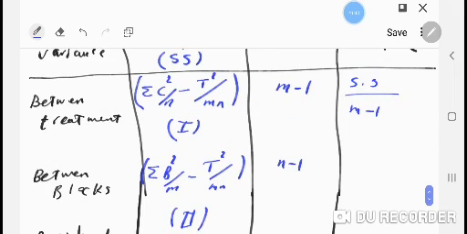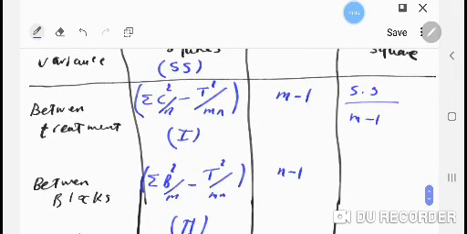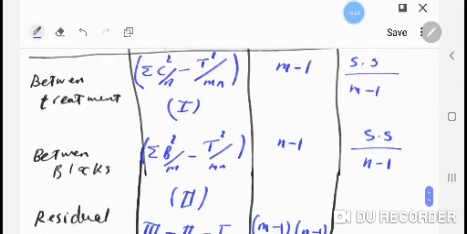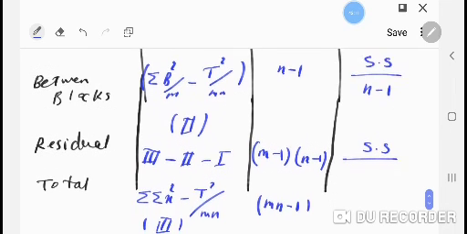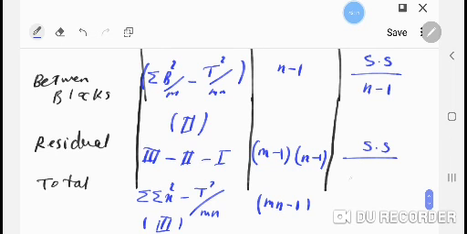And to calculate this mean sum of square of between block, you can do from this formula SS, sum of square, divided by degree of freedom n minus 1. And for residual, you can calculate from this formula sum of square divided by degree of freedom of residual, m minus 1 multiplied by n minus 1.